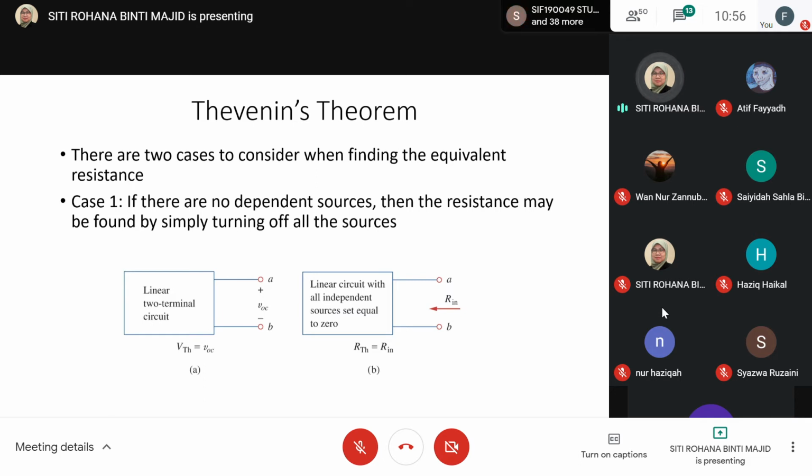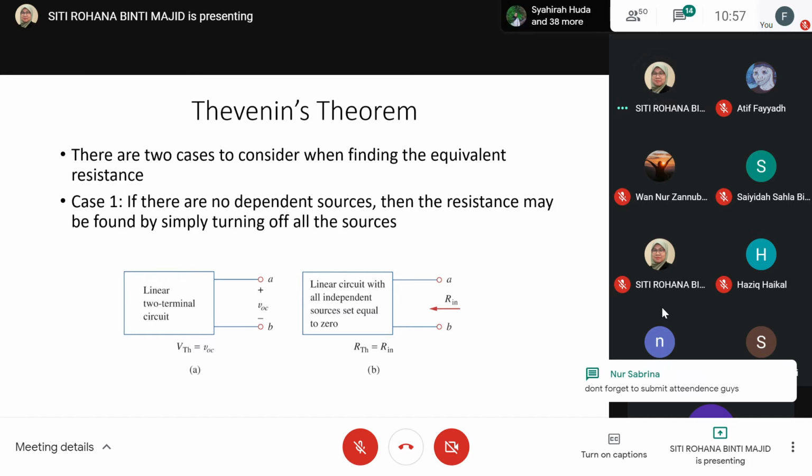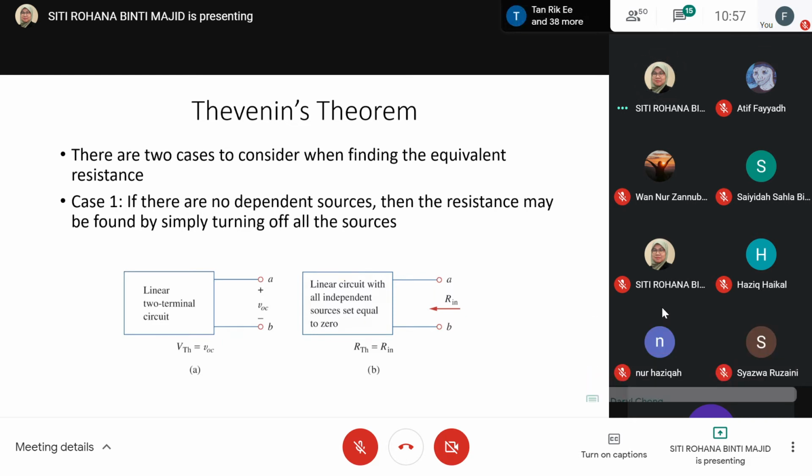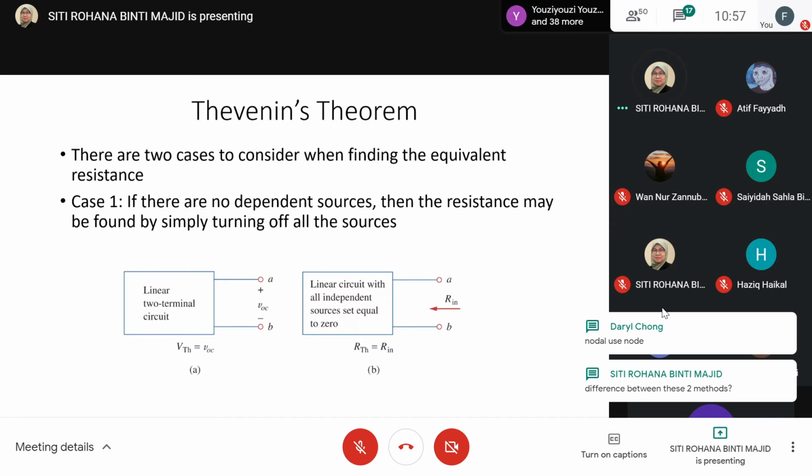Can you write your comments here? What is the difference between these two methods?